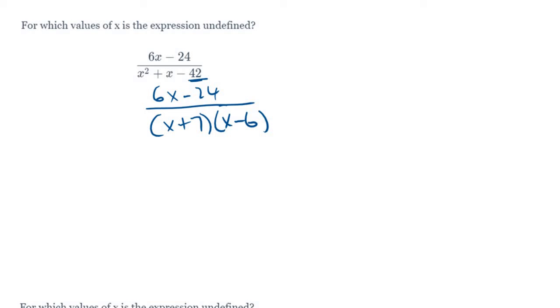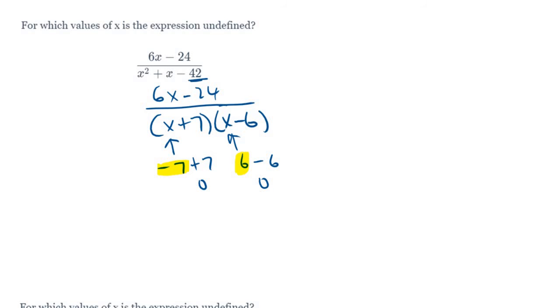There are 2 factors at the denominator. If I plug in negative 7 here, I will get a 0. Or if I plug in a 6 here, that will be a 0. So the 2 values that are not allowed are negative 7 and 6. Those are the values that will make it undefined.